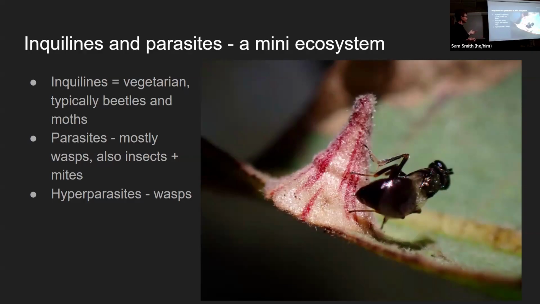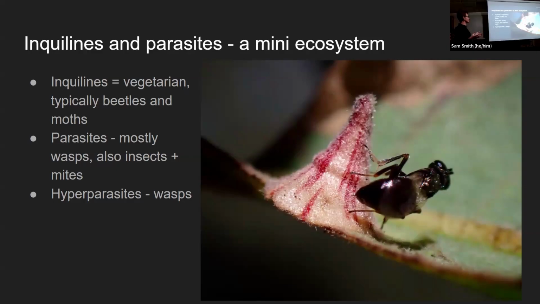Another thing that's interesting is that you might assume that inquilines, the vegetarians, aren't eating the larva itself, but there was a study of a rose gall wasp. When that rose gall wasp was impacted by an inquiline moth cohabitant, 80% of those galls never reared an adult.